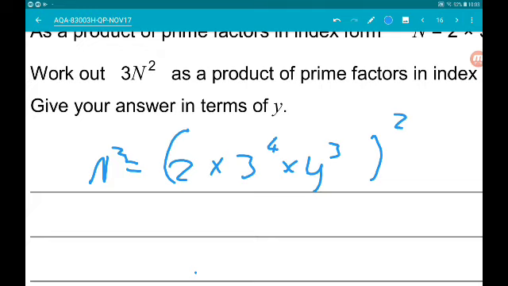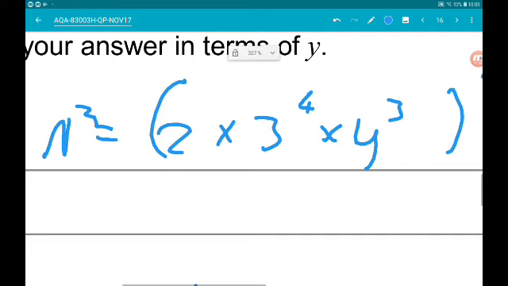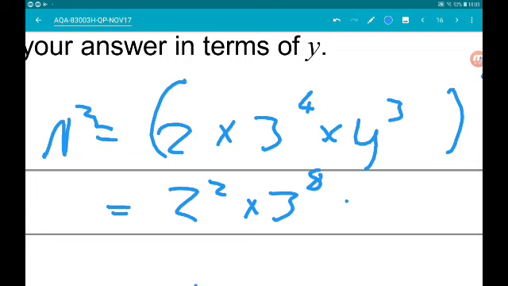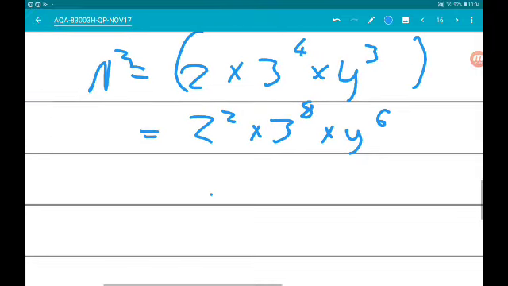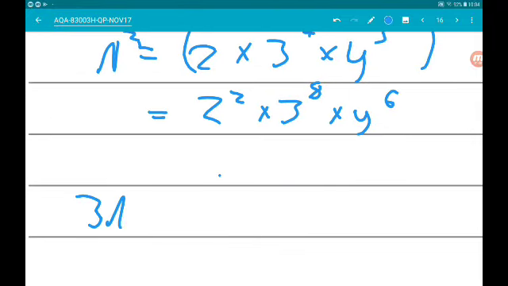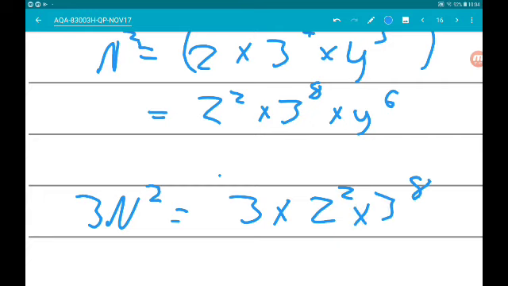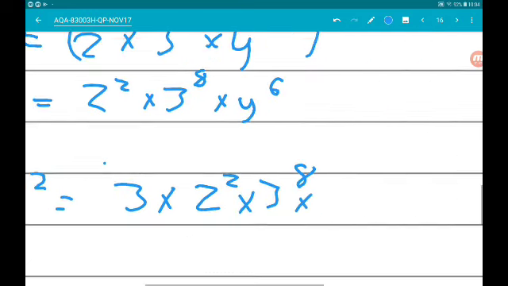So the power of 2 is going to affect the 2, the 3, and the y. So we're going to get n squared is 2 squared times 3 to the 8 times y to the 6. Now 3n squared is 3 times that. So 3 times 2 squared times 3 to the 8 times y to the 6.